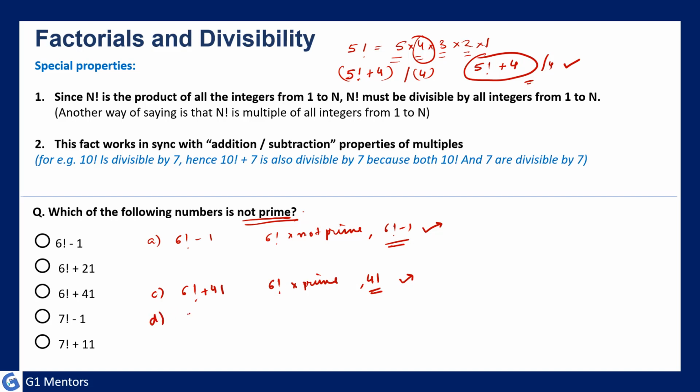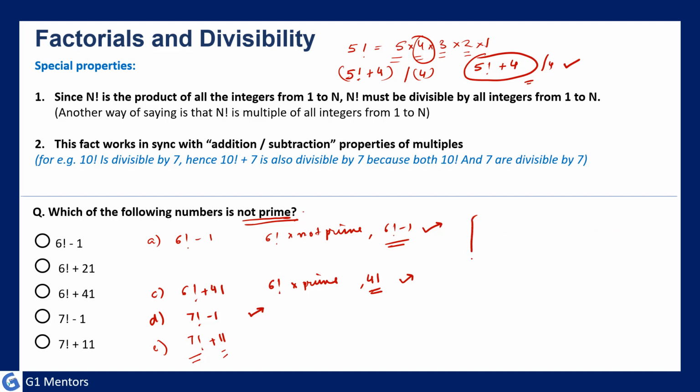If we see option D, 7 factorial minus 1, it may or may not be a prime number because 1 and 7 factorial do not have common factors. If we see E, 7 factorial plus 11, 7 factorial is definitely not a prime, but 7 factorial plus 11 may be a prime number, may not be. So until we calculate, we will not know.